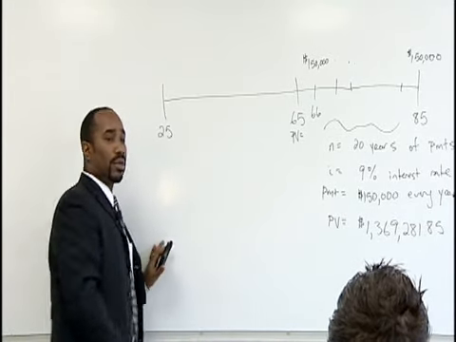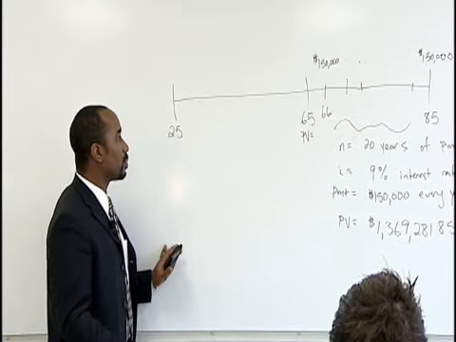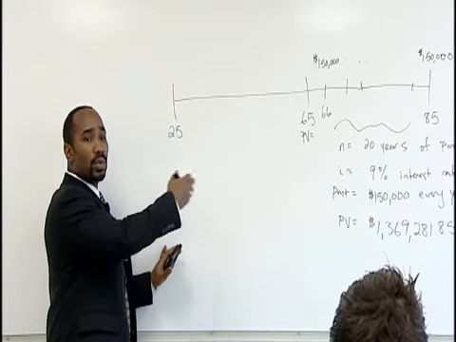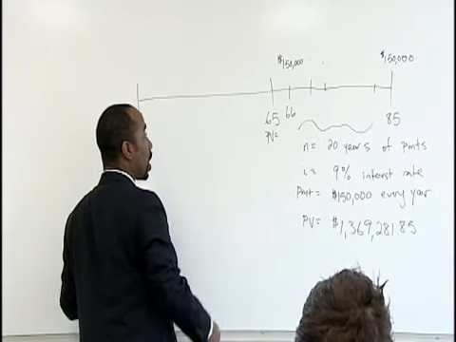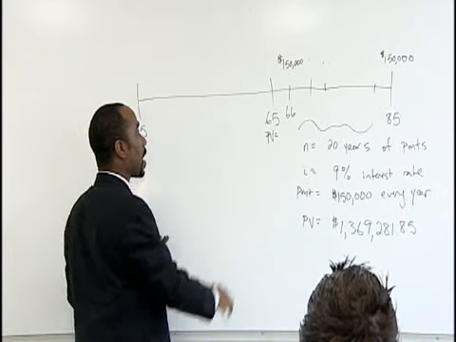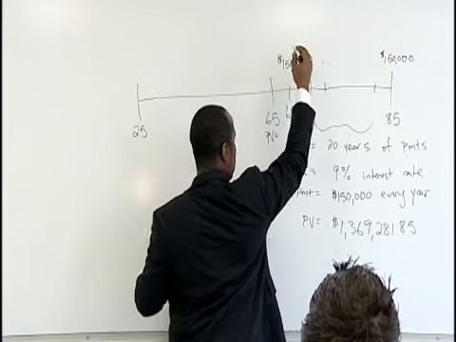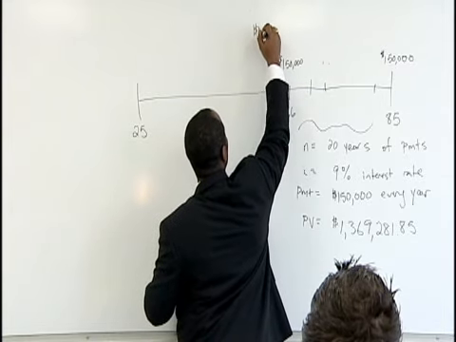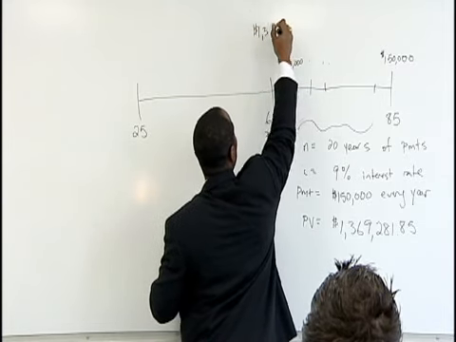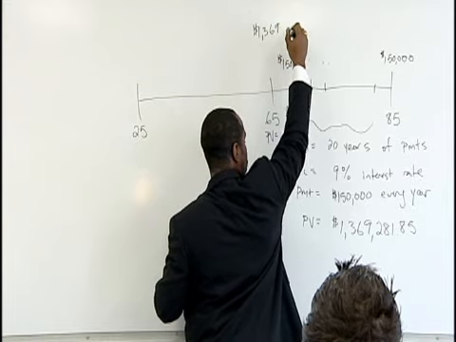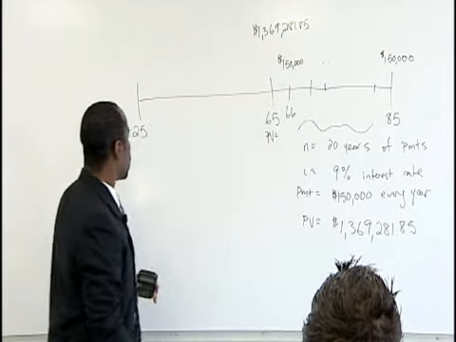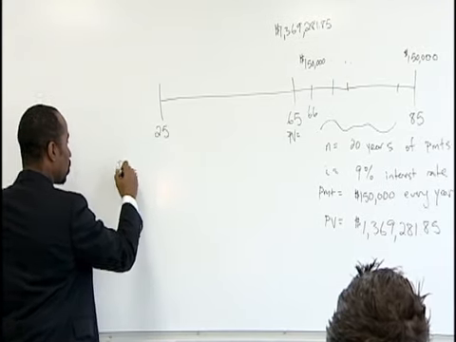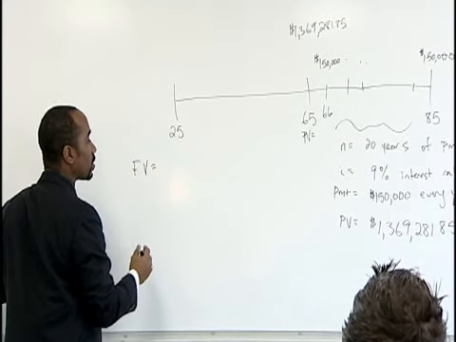So now the second part of our problem kicks in. How much do we need to put in every year while we're working through our work life? This now becomes our future value, our goal at retirement. So our goal at retirement is to have in our account $1,369,281. This is what we strive to get, our future value.